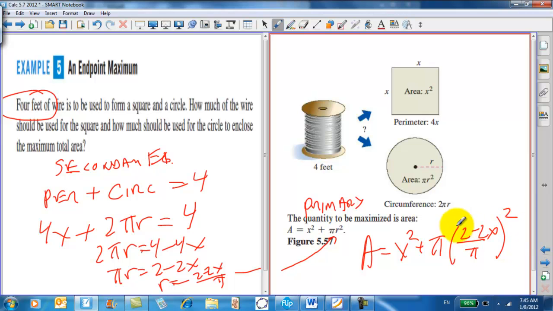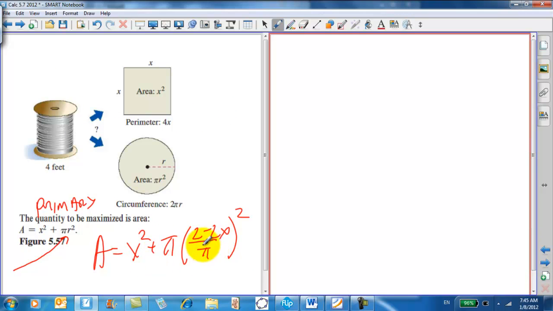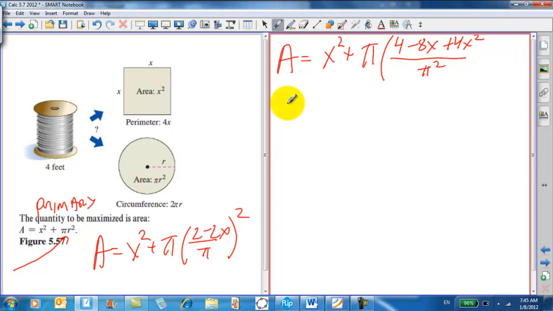Now, this one I'm actually going to do by hand because it's not that bad. It's just a quadratic. It just has some strange coefficients. So the area is going to be x squared plus pi times, expanding out the top, 4 minus 8x plus 4x squared all over pi squared. And so area equals x squared plus, now let's distribute the pi divided by the pi somewhere else.